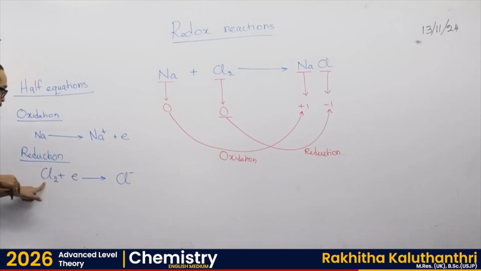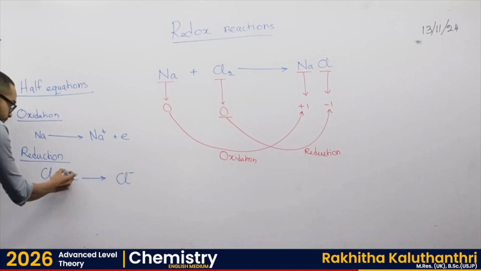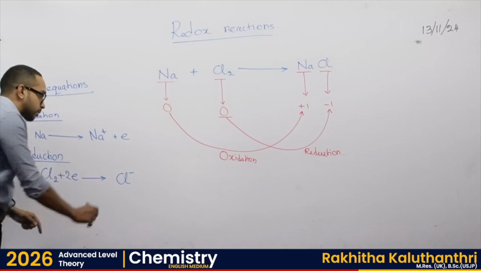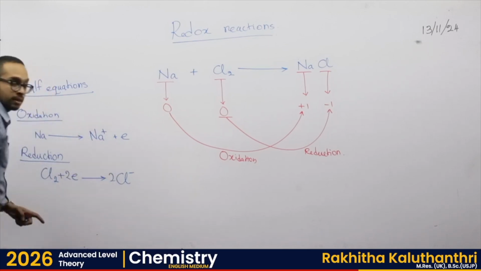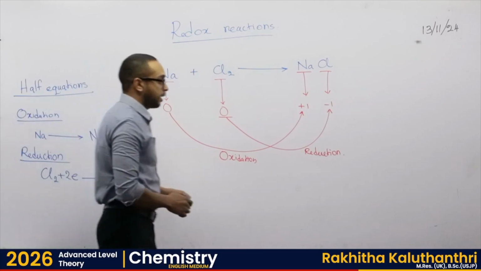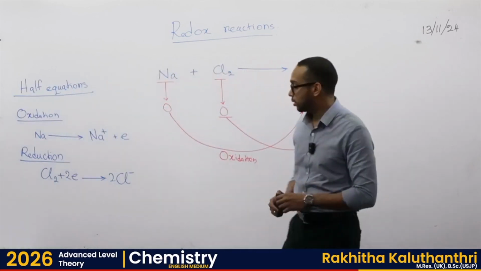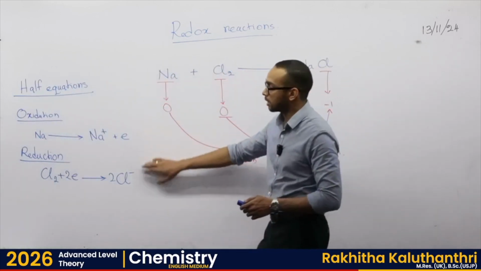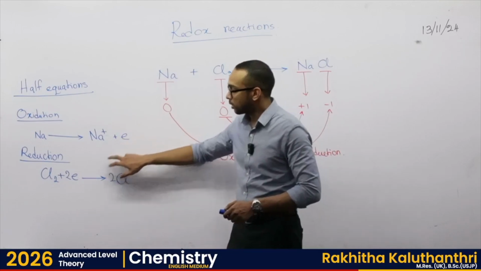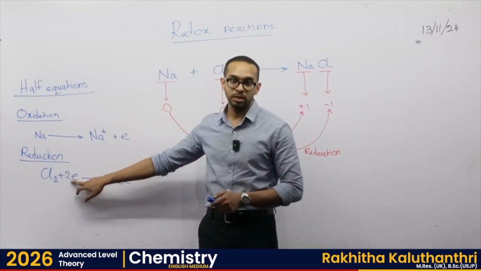Now here there are 2 chlorine atoms in a molecule. So how many electrons should it gain? 2 electrons. How many chloride ions would it form? 2 chloride ions. Okay. So students, if you consider this particular reaction, oxidation releases 1 electron, but this one takes 2 electrons.